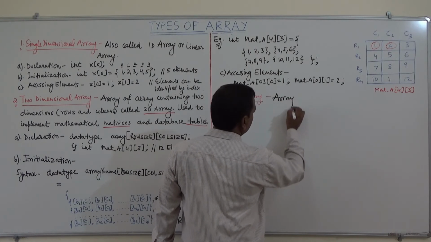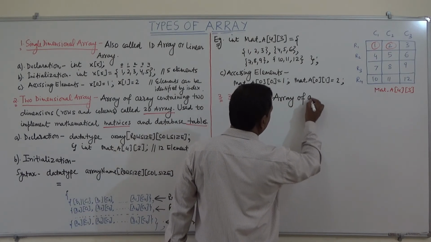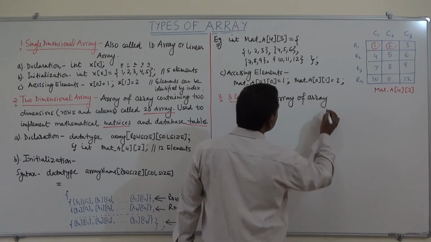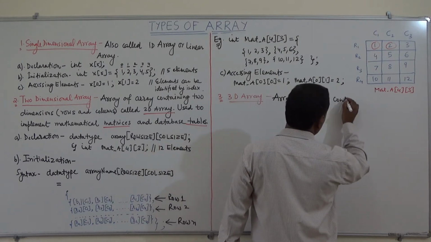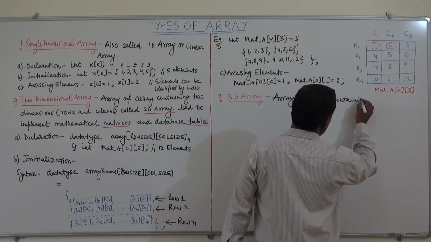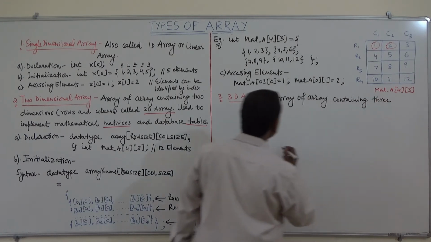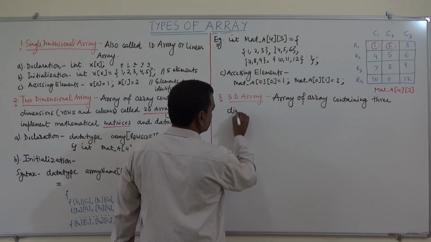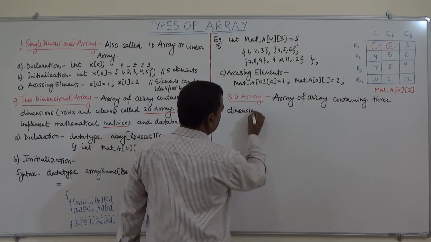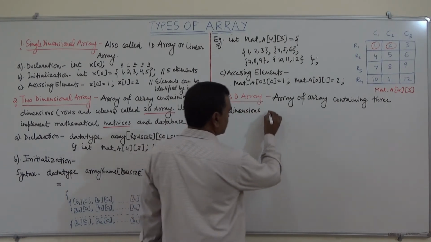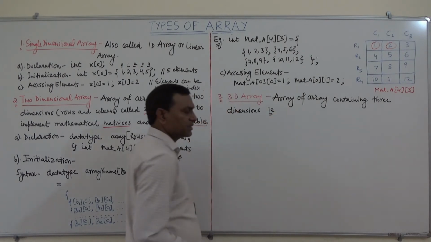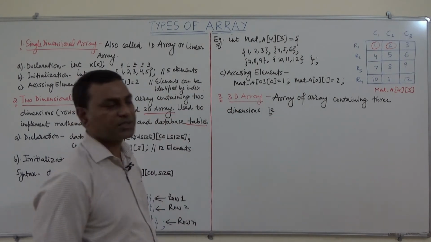These dimensions are known as tables, rows and columns.